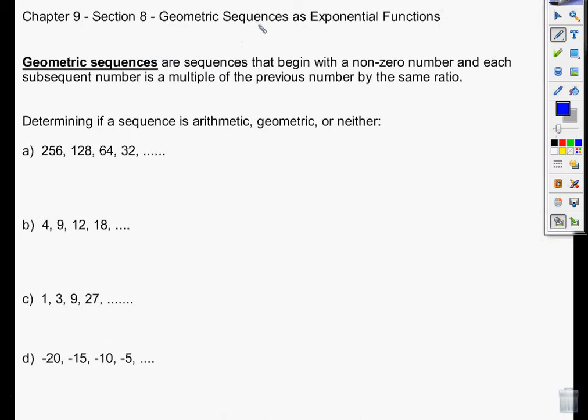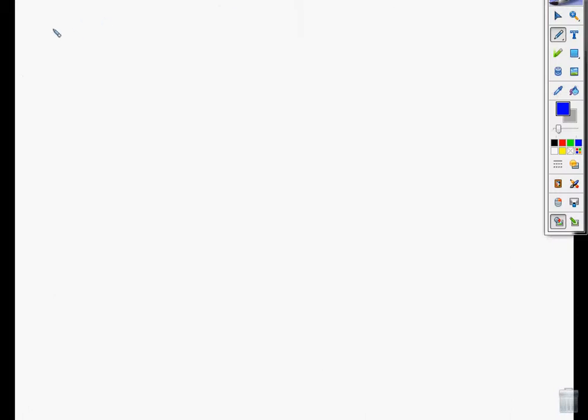For next, we have geometric sequences. Now, I feel like I want to take a little time, so I'm going to put in an extra slide. You can just make notes off to the side if you need to. There are two types of sequences. There's arithmetic, which you may have heard.